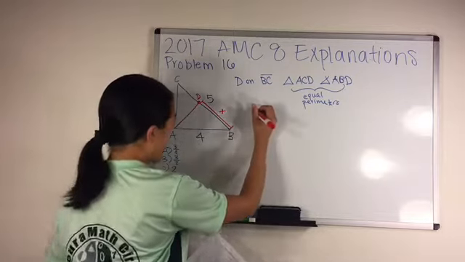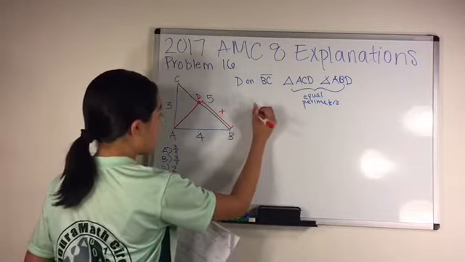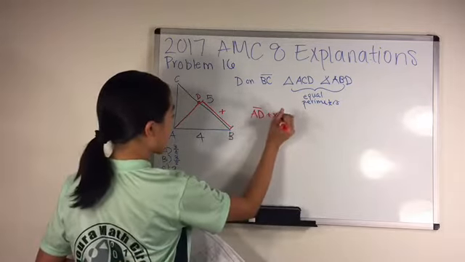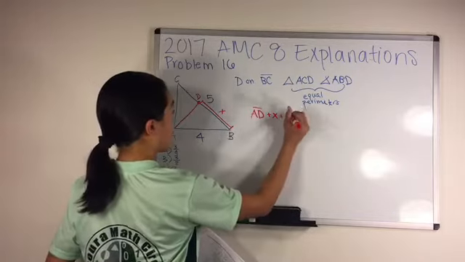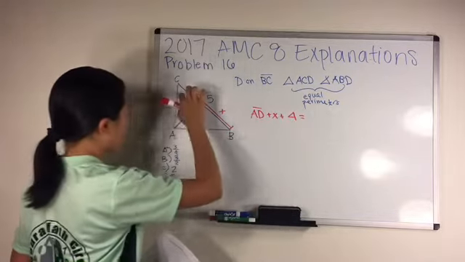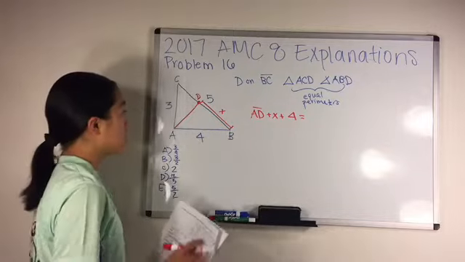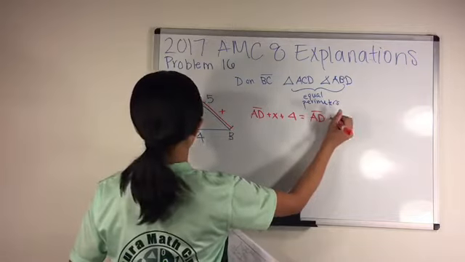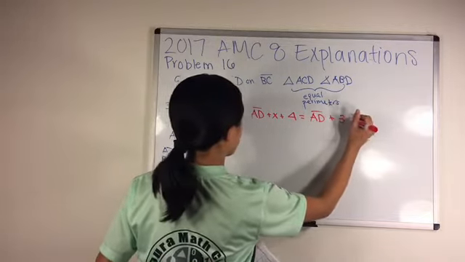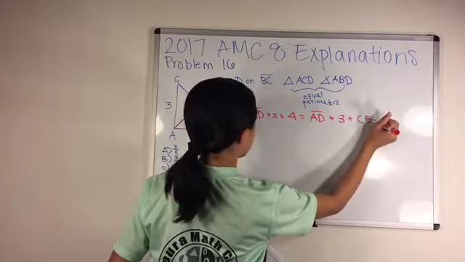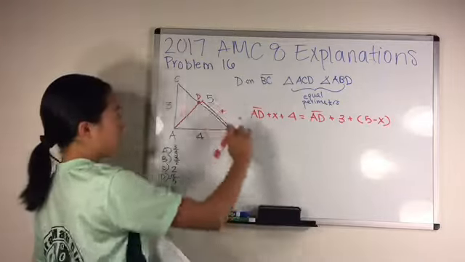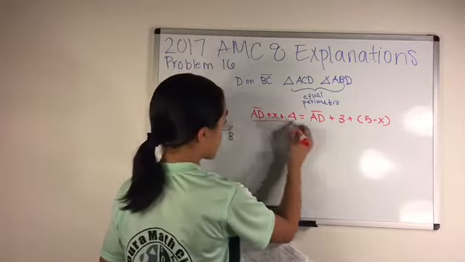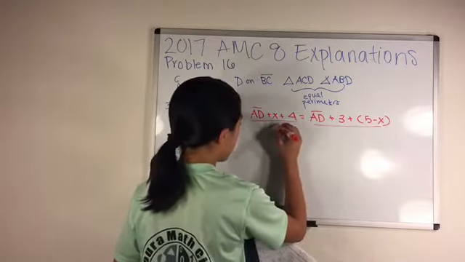So the perimeter of triangle ABD is line AD plus X plus 4, which should equal the perimeter of triangle ACD, which is line AD plus 3 plus 5 minus X, because this total length over here is 5. So we can solve this by first eliminating the line AD.